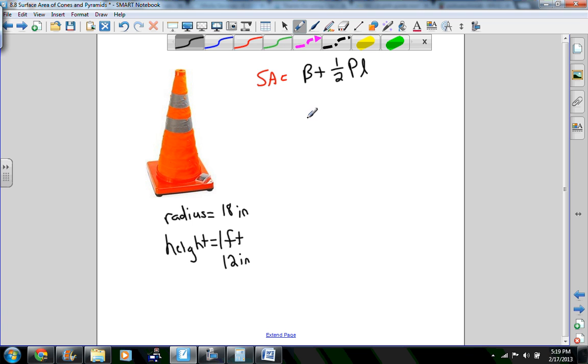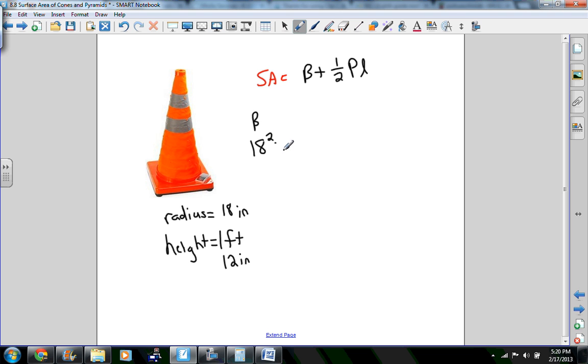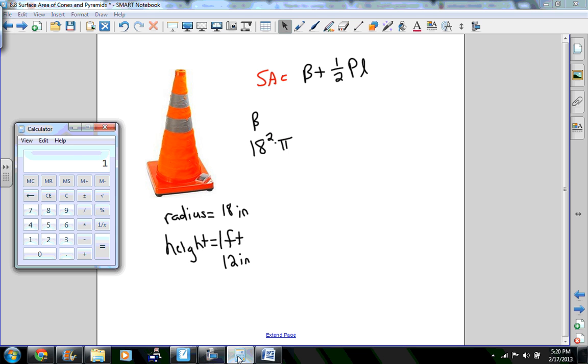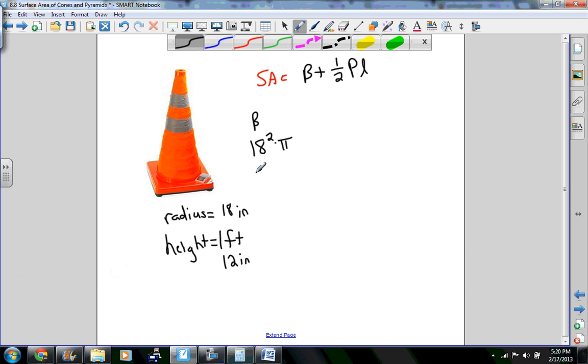The area of the base is going to be the radius squared, 18 squared, times pi. Last time I think this was 256, but I'm going to double check. 324. It's a good thing I double checked.